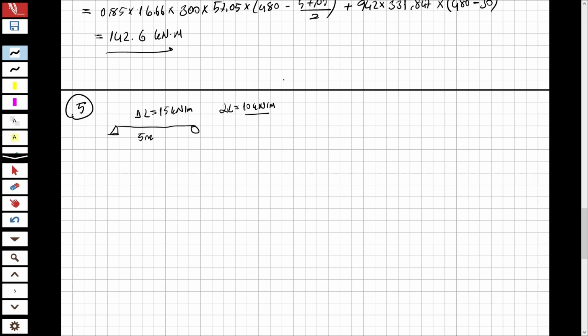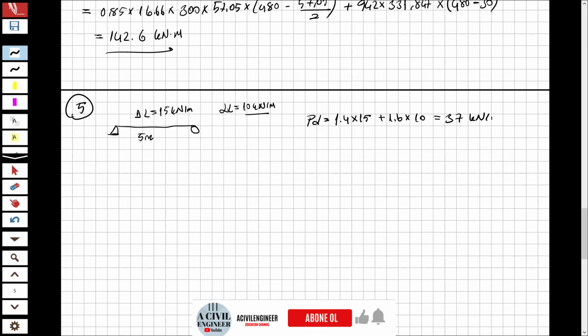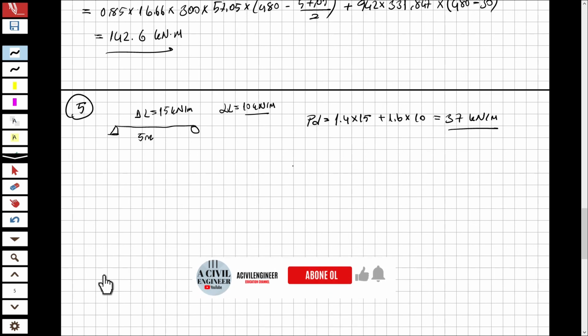Now let's find the design load. PD for the design load will be 1.4 multiplied by the dead load 15 plus 1.6 multiplied by 10. Sorry, I don't need to write the units here. So this is going to be 37 kilonewton meter as the design load.